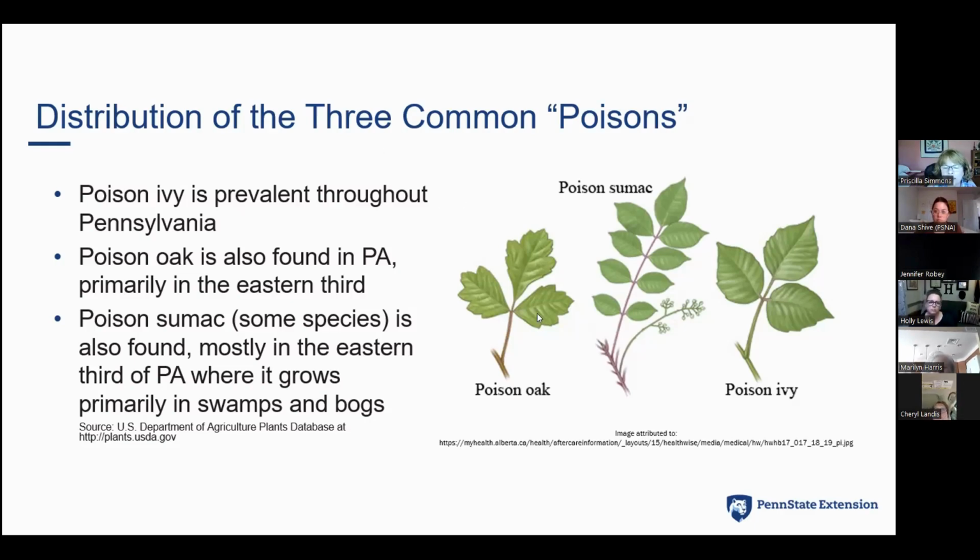Poison oak is slightly different in that it has some serrated lobes here, but it is still a three-leafed poison. So poison ivy here, poison oak here.